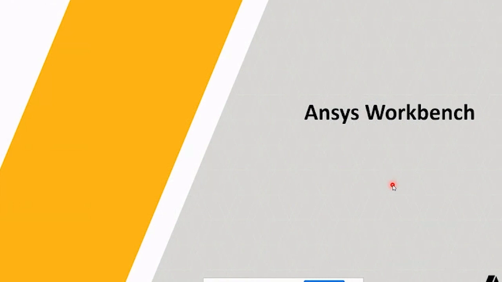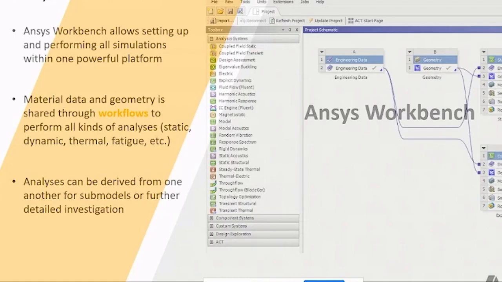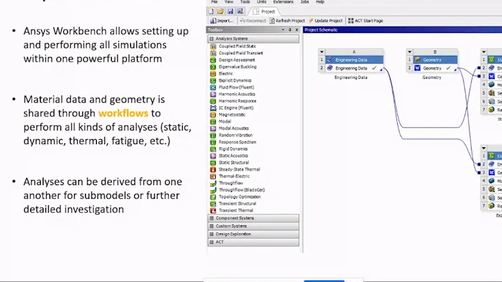Before we go into mechanical, first let me explain ANSYS Workbench. ANSYS Workbench is a simulation platform of ANSYS that allows you to access all the different solvers within ANSYS. As mentioned before, we have multi-physics simulation solutions, right?